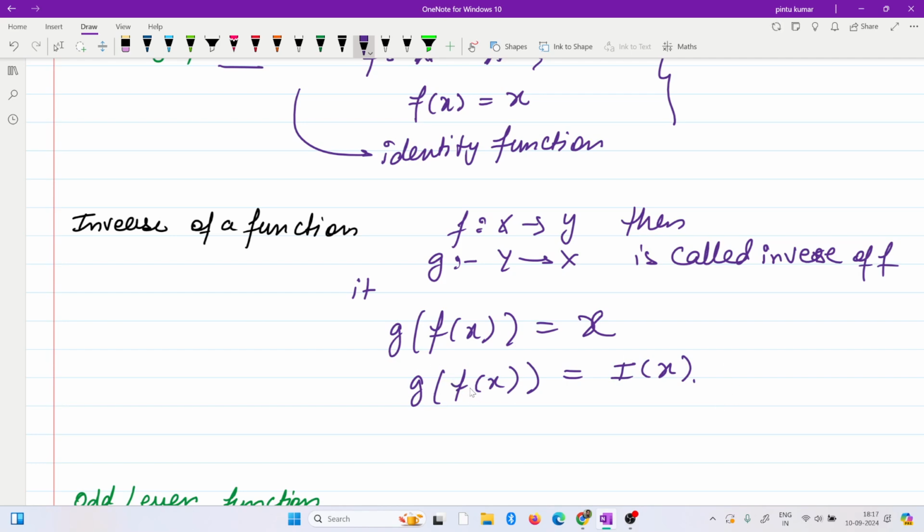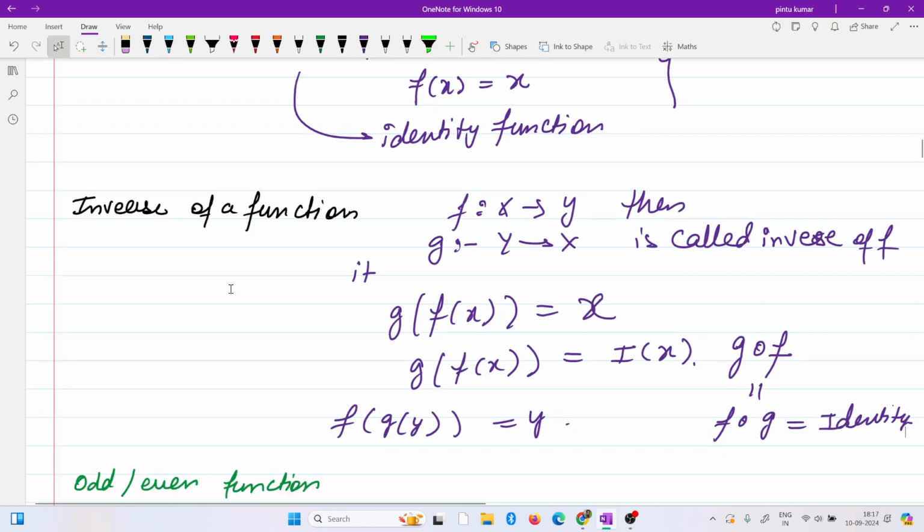So if you compose g on top of f, if that composition is an identity function, then you say that g is an inverse of f, and it is true the other way around also. f of g of y is also y. Okay, so we denote this thing by g of f, and this is f of g, right? Both those things should be equal to identity.